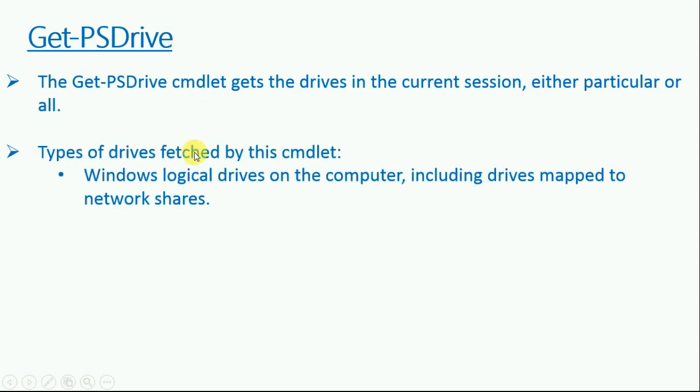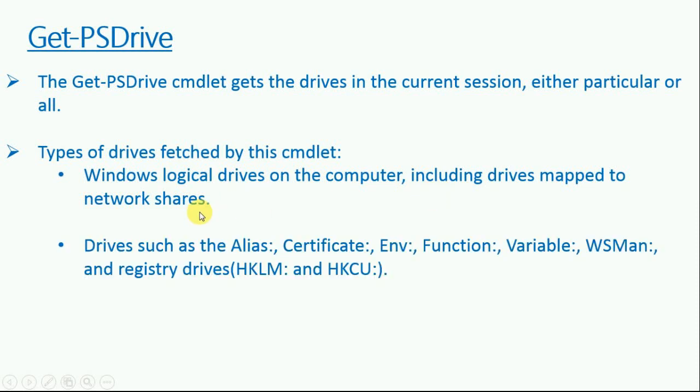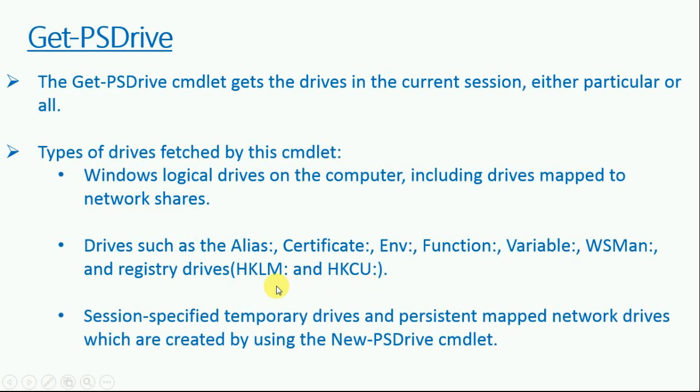And what are all the drives we can fetch using this cmdlet? The types of drives include Windows logical drives on the computer, such as C drive, D drive, or we can fetch any network mapped shares as well. Apart from this, we can fetch all the inbuilt PS drives like alias drive, certificate drive, environment, function, variable, WSMan and registry drive which include HKLM and HKCU.